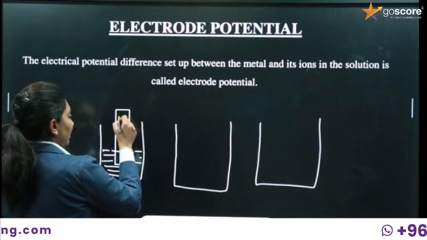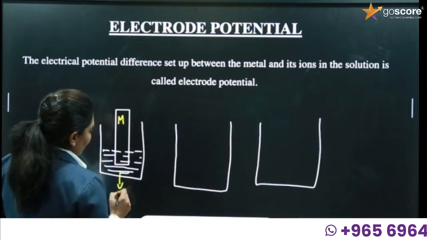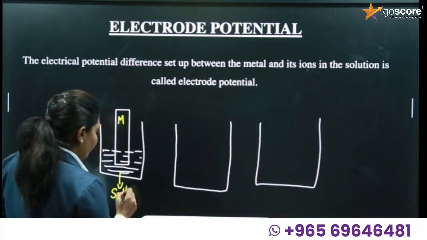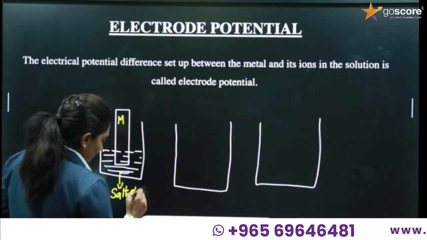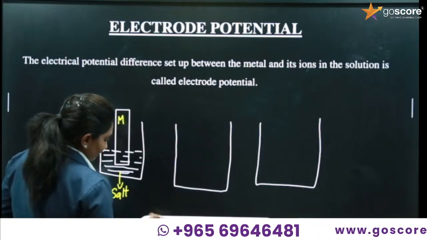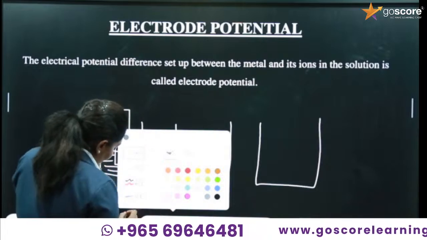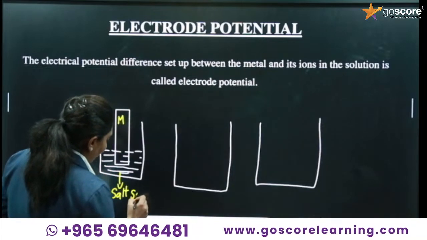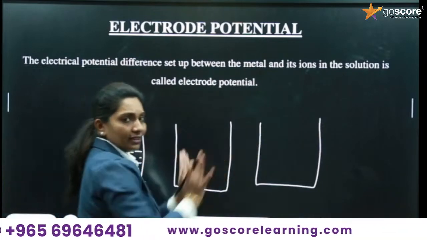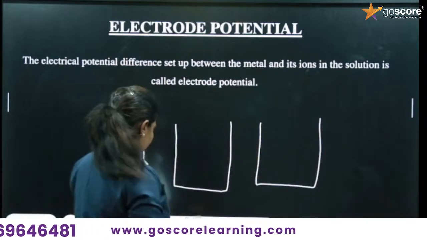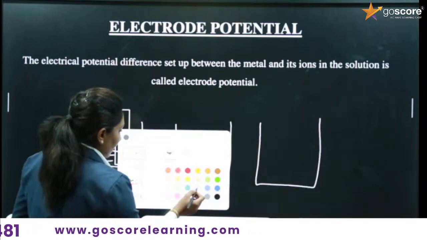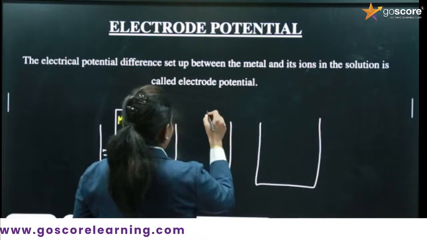This is the salt solution of that metal. In the same way, I am taking it in the remaining beakers also. I will just draw, then we can explain it in detail.